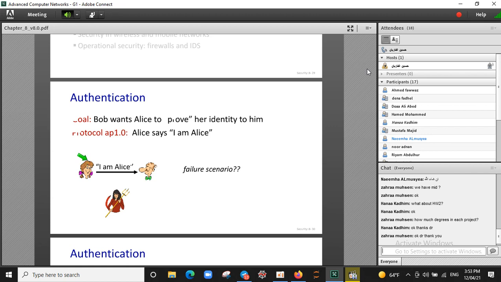And the other side will answer, I am Alice. This is the simplest form. Okay, she's Alice. I asked her, and she said that I am Alice. So she is authenticated. From one point of view, this is Alice, because she told me I am Alice. Okay?